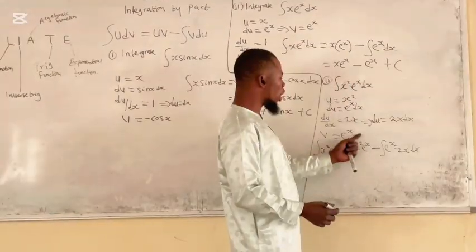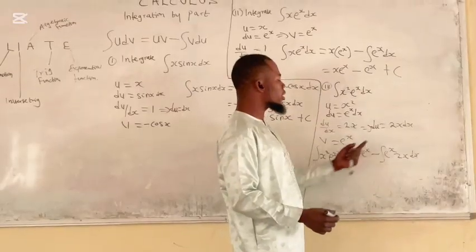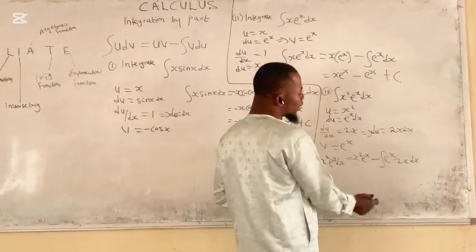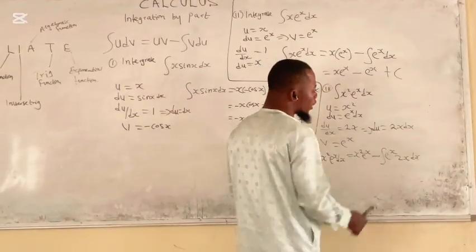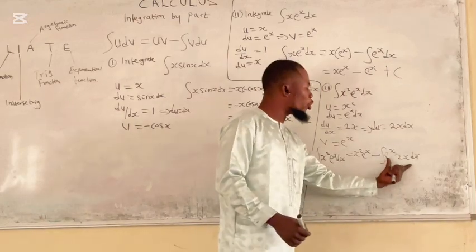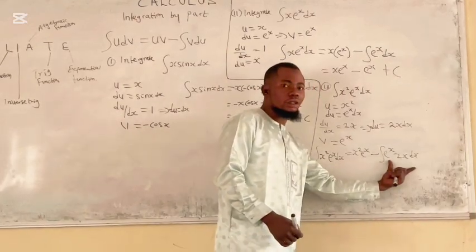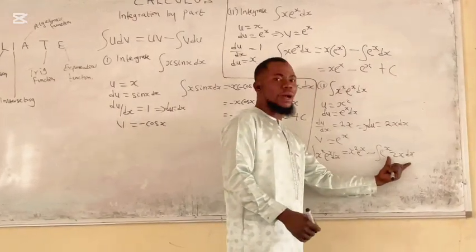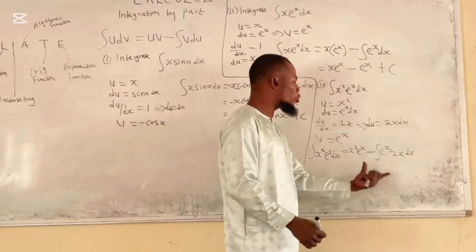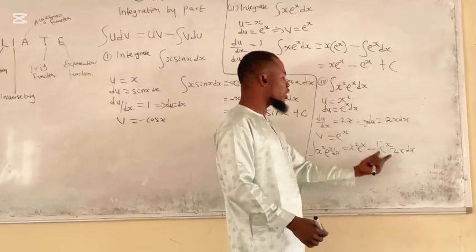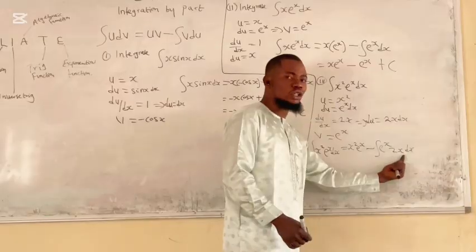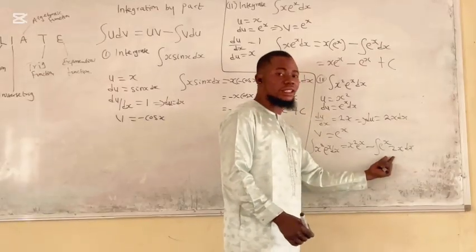We'll be having x squared exponential x minus the integral of exponential x 2x dx. Again, we have to integrate this part again using integration by parts, because we are still having two different functions.